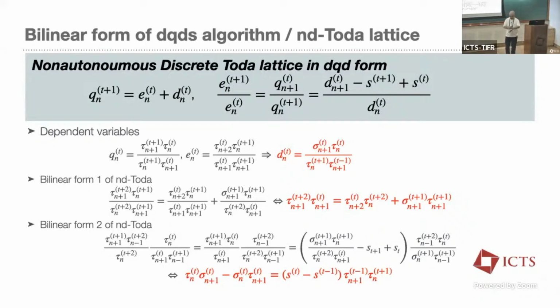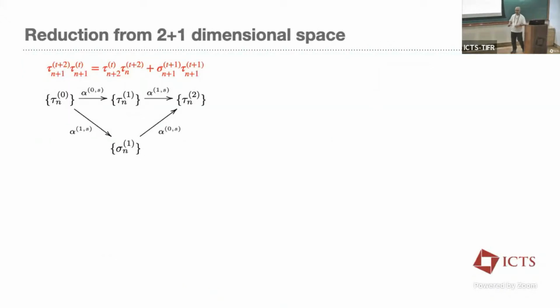But I can explain why this situation happened from the point of view of the Hirota-Miwa equation or discrete KP. And this is the meaning of sigma. Usually we consider the straight time evolution: tau 0, tau 1, tau 2, this is time evolution. In each step, we can introduce a new parameter, alpha 0 and alpha 1.